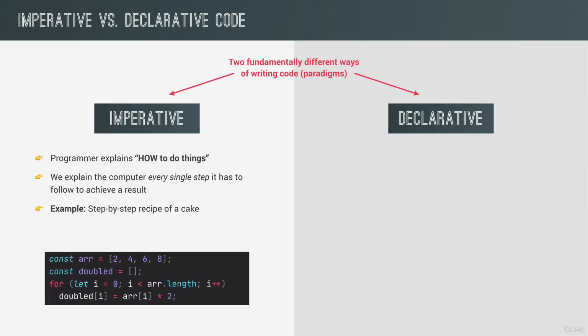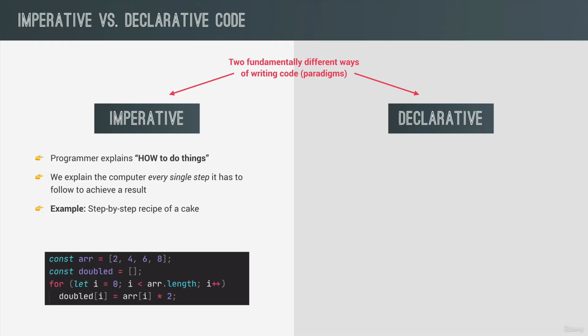So here we are telling the computer step by step to create an empty array, to create a counter that starts at 0, then to increase that counter until we reach the length of the original array, and then how exactly to store the new result in each new position of the array. So there's a lot of steps that we really give the computer here in order for us to achieve the result of doubling that array.